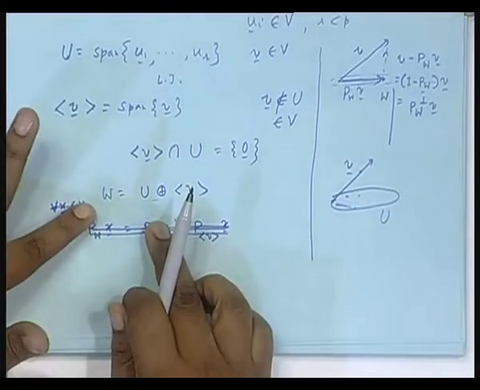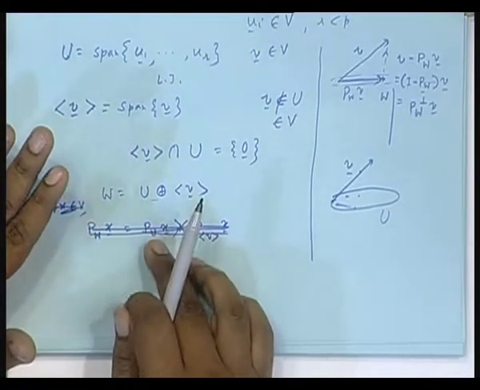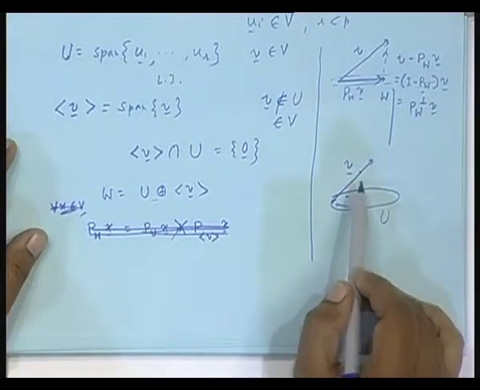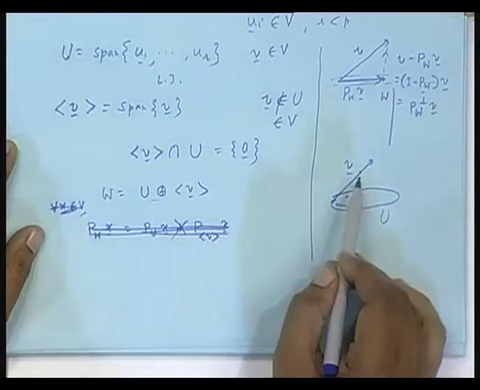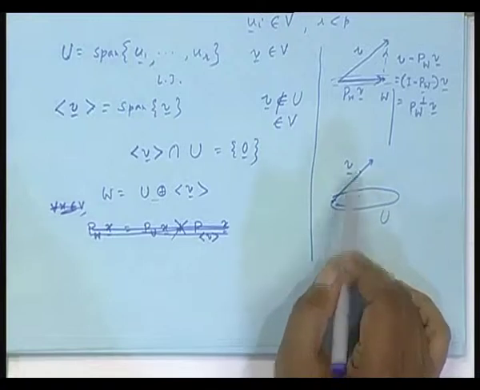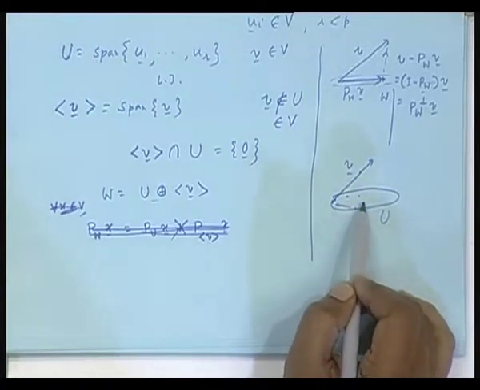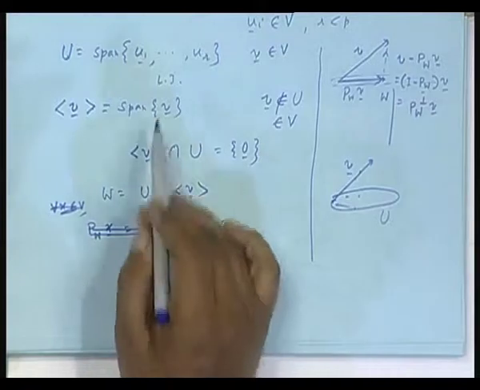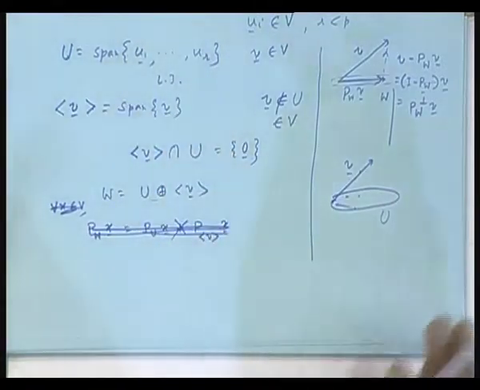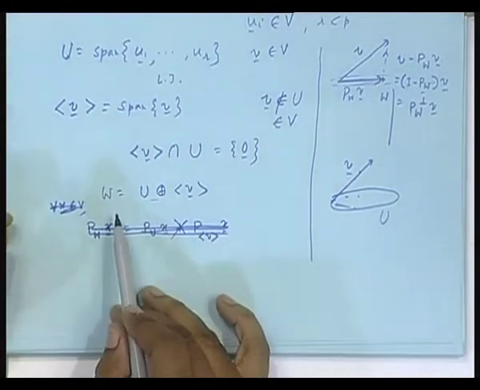That is the meaning of this, isn't it? You are taking small v, because this is the span of only one element V, so V is the basis for this subspace. You are taking V and appending it to the basis of this, a larger basis. Earlier I had r, now r plus 1 elements, take its span, that span is indicated by this.